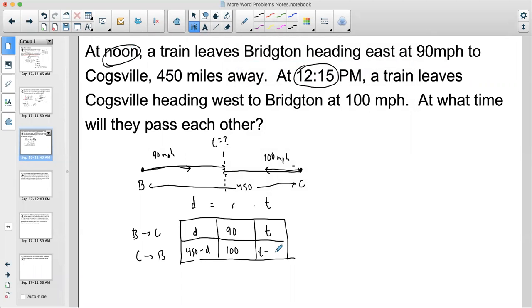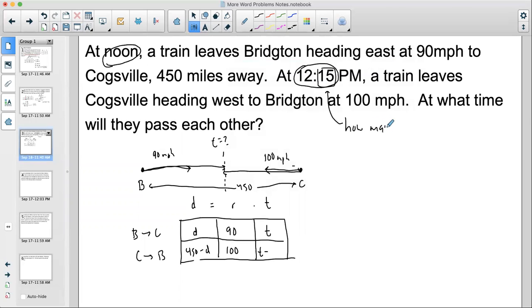But that's not going to work because the time is being measured in hours. I know that because these rates are in miles per hour, not miles per minute. So unless I want to change these to miles per minute, I can't use the 15 as the piece of time that this one traveled for less. So I have to figure out this question.